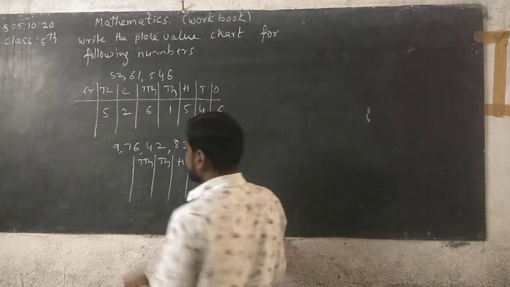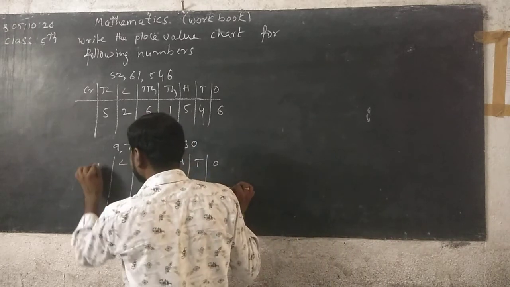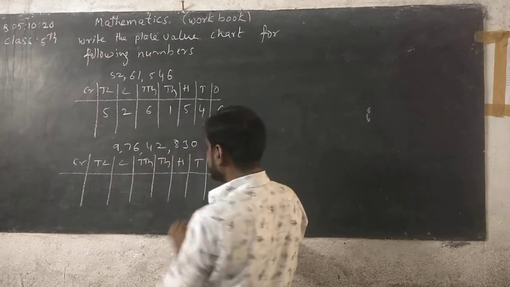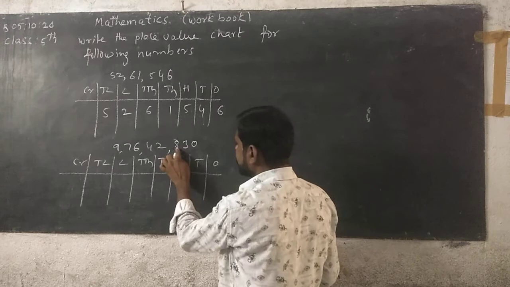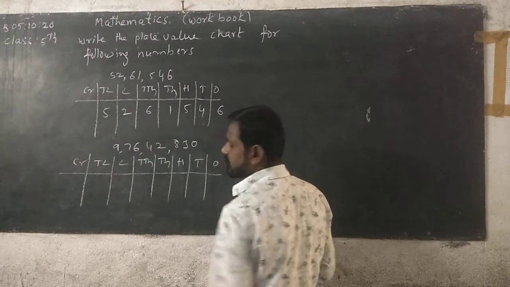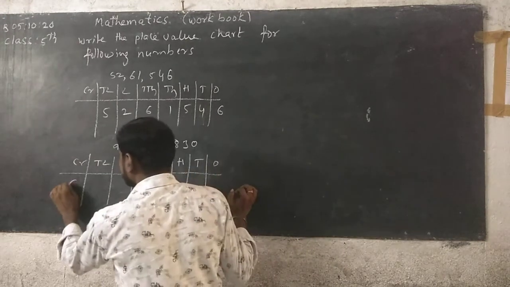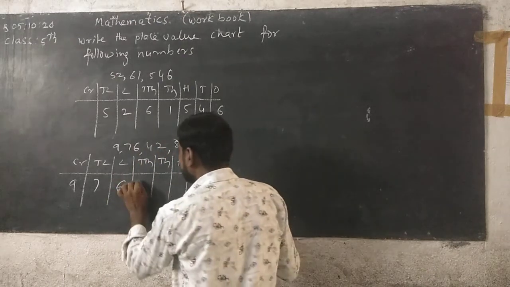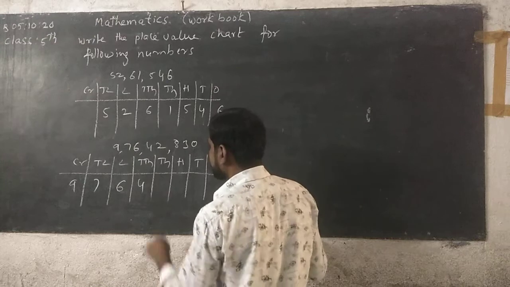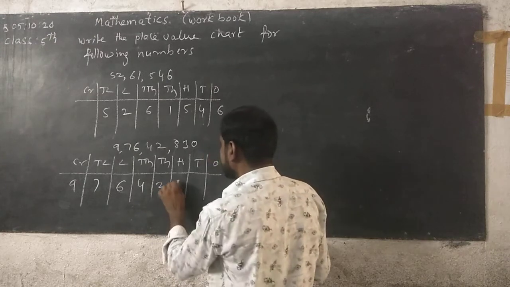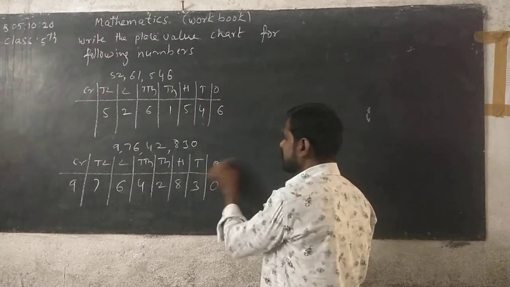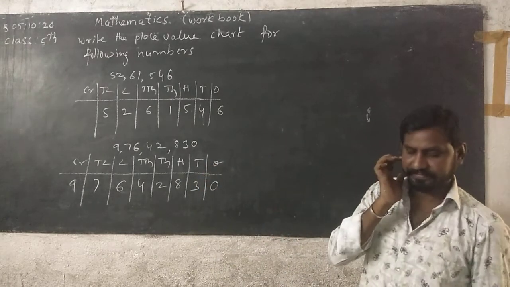Next, lakh, 10 lakh, crore. See here, ones, tens, hundreds, 1,000, 10,000, lakh, 10 lakh, crore. So 9 is in crores place, 7 is in 10 lakhs place, 6 is in lakhs place, 4 is in 10,000s place, 2 is in thousands place, 8 is in hundreds place, 3 is in tens place, 0 is in ones place.